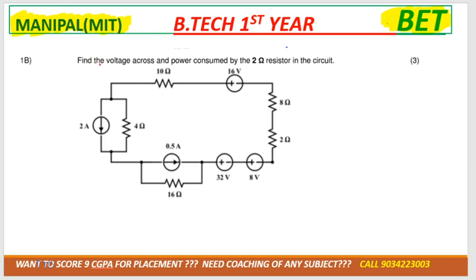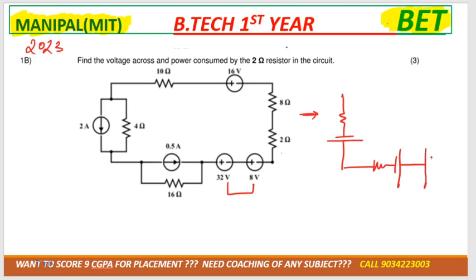This is the question of 2023. So I am redrawing this diagram. I am converting this current source into a voltage source like this, then again a current source into a voltage source like this. They are both connected in series, so that would be 40 volt. And for resistance, I am combining this 10 ohm, 8 ohm, 18 plus 2, 20 ohm, right?